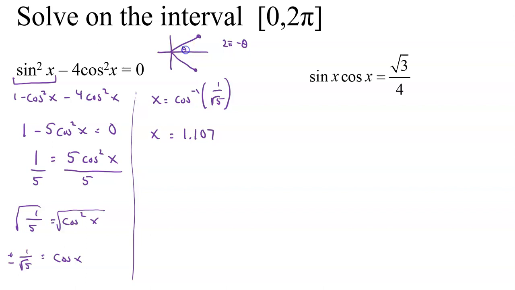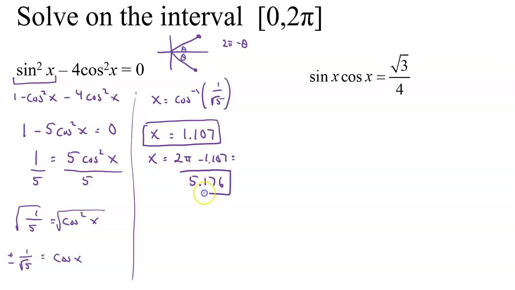If this is theta, then the other value down in the fourth quadrant is all the way around the unit circle, except for theta. So the other possible value is 2 pi minus 1.107, which gives me 5.176. So on the interval from 0 to 2 pi, here are my two answers. That's one of them. That's the other one.